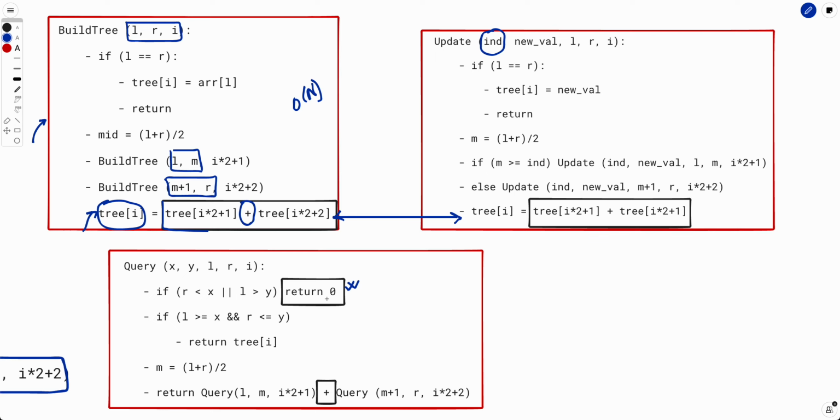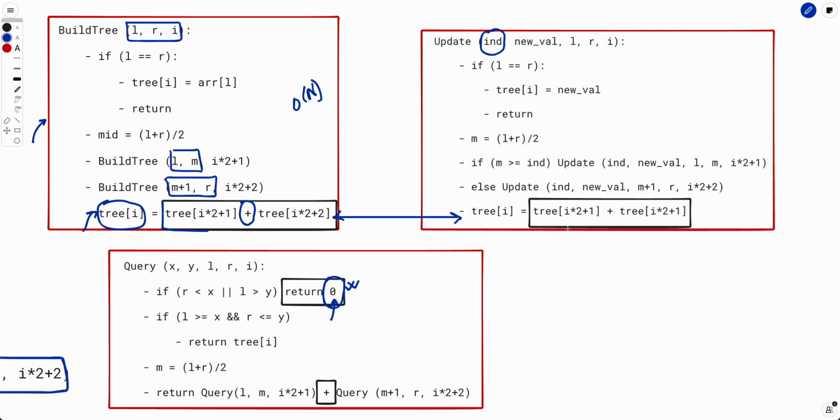So in case of minimum, you would return something that would not bias your results, like int max or some greater value, because that is the largest value that will not exist in the array, right?